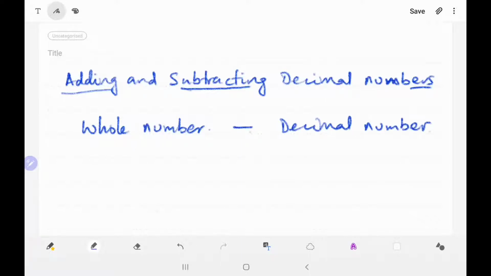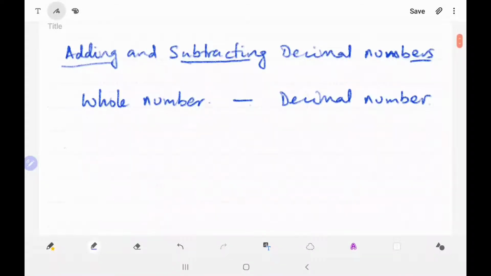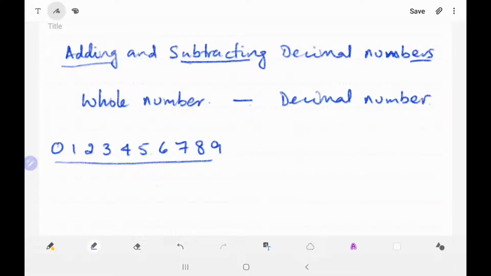A whole number is what we have: 0, 1, 2, 3, 4, 5, 6, 7, 8, and 9. These are whole numbers. It's called the base 10 system, and I'll put another video about base 10. What we are saying is, because there are 10 digits, it's based on 10 digits, so we call it base 10. For decimals, it's going to be exactly the same.